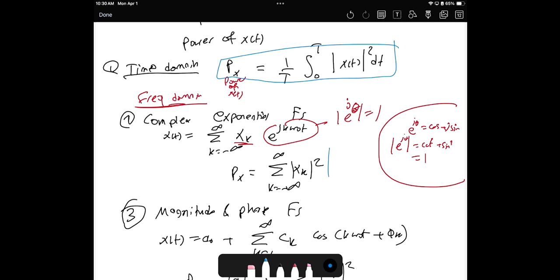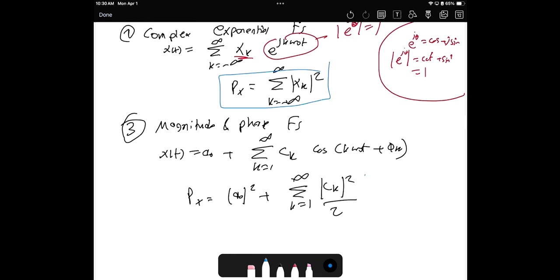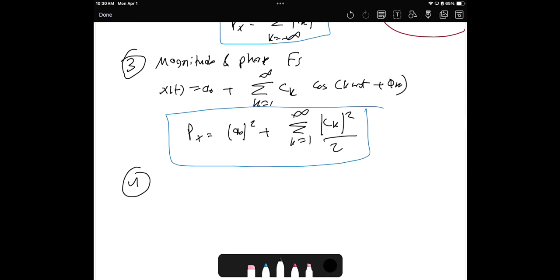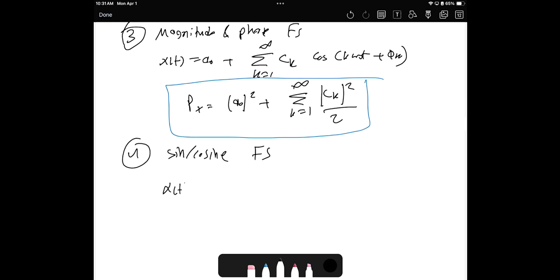This is the time domain, this is the complex exponential representation, this is phase and magnitude. Then we have number 4, the fourth form of Fourier series, which is the sine-cosine Fourier series: x of t equals a0 plus the sum from k equals 1 to infinity of a sub k cosine k omega naught t plus b sub k sine k omega naught t.